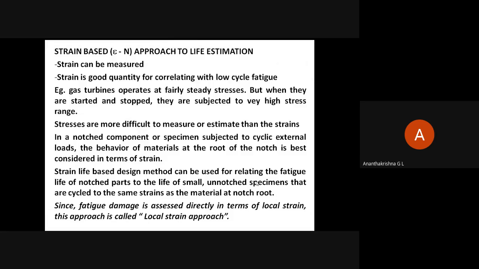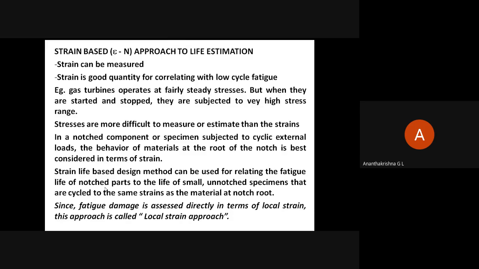Near the root of the notch we are going to measure the strain, because at the root of the notch there is the presence of local strain, so we can directly assess fatigue damage in terms of local strain. Therefore this approach is called the local strain approach.